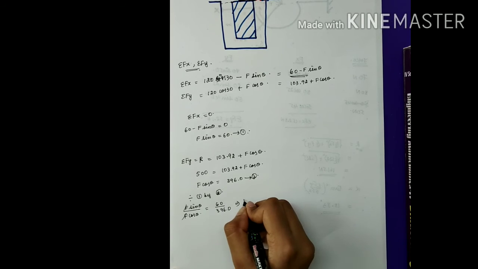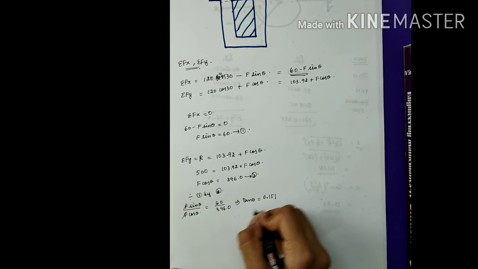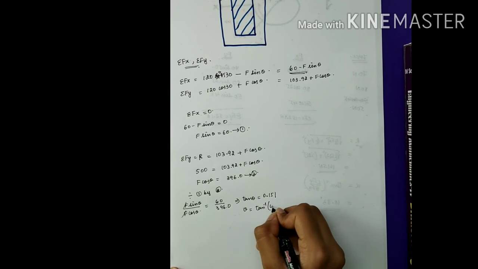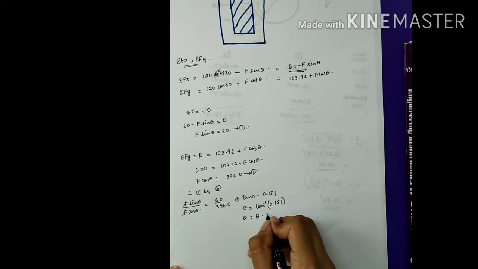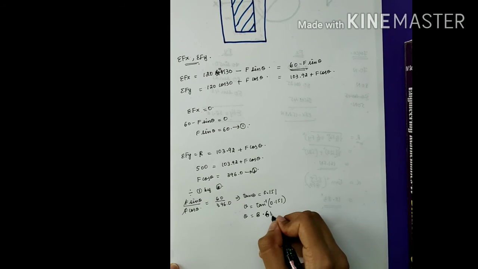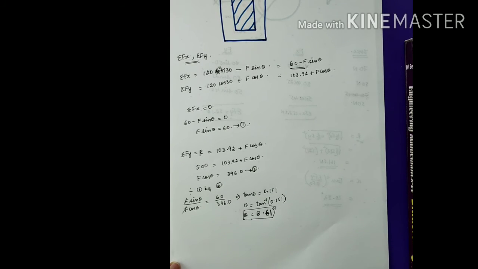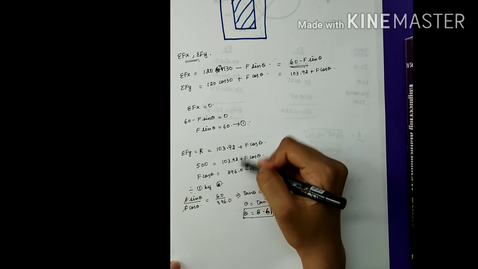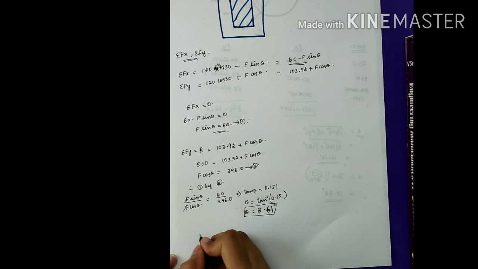You will have tan theta equals 0.151, which implies theta is tan inverse of 0.151. Theta is 8.61 degrees. We calculated theta, and the rest is we must calculate F. Substituting this theta in either of these two equations, we'll get the value of F. So let us substitute in equation 1.